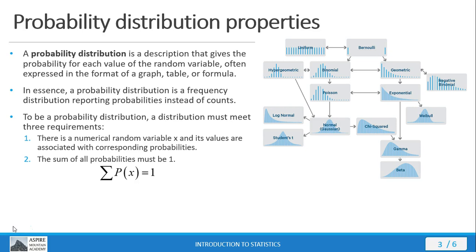And by 1, I mean 1 exactly. Not 0.9999, not 1.0001. I'm talking about 1 exactly. And the last requirement is that probability values must be between 0 and 1 inclusive. This one is actually understood because this is a property of probabilities itself, so it would make sense that the probability values for a probability distribution would conform to that property.